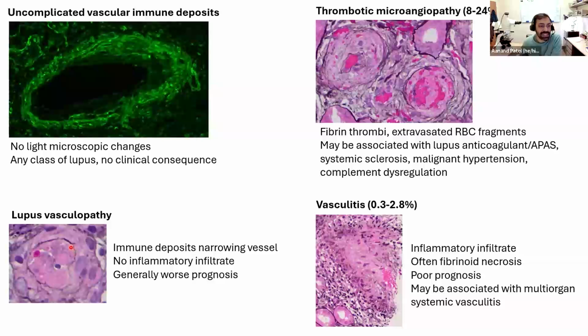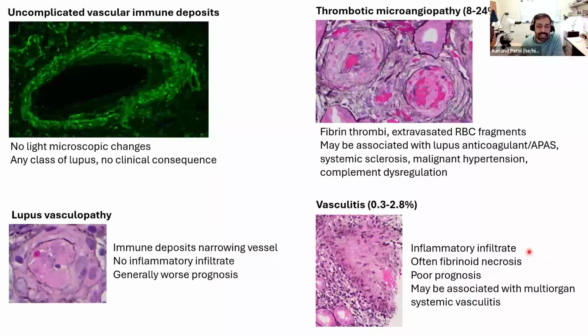But in lupus vasculopathy, you shouldn't see a significant inflammatory infiltrate, so it's mostly deposits rather than an inflammatory infiltrate. But we tend to see lupus vasculopathy in more severe disease. I'm going to wrap around here to true extraglomerular vasculitis, which is seen in a pretty small percentage of kidney biopsies from lupus patients.